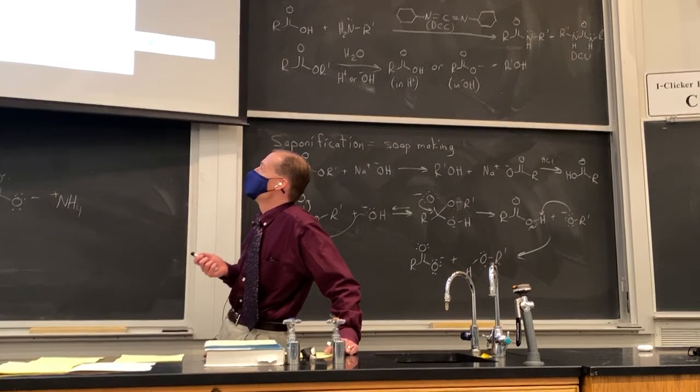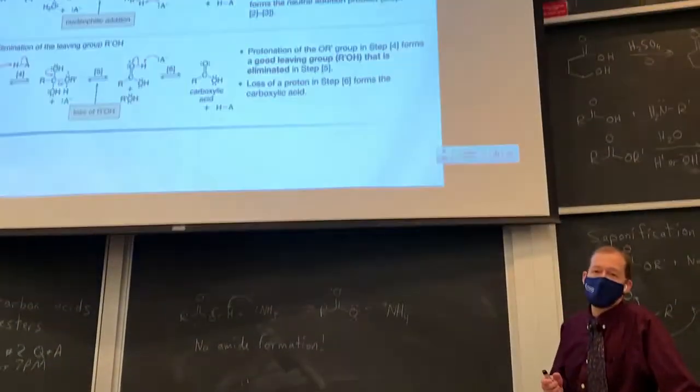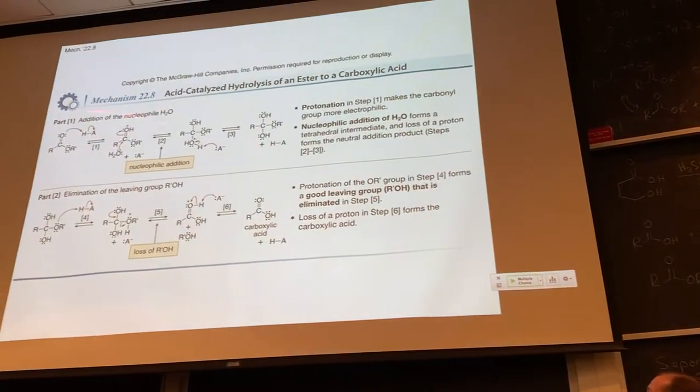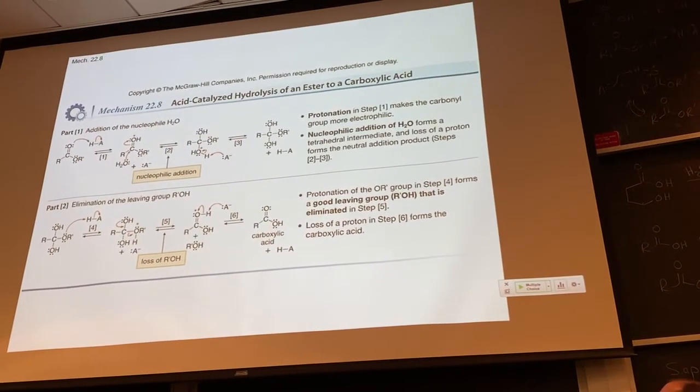And the mechanism is going to be almost the same as acid-promoted ester hydrolysis. So we're going to look at this mechanism here and just imagine that we have NHR here instead of OR. It's going to start out the same. Water attacks, we protonate the oxygen, water attacks. We deprotonate this oxygen.